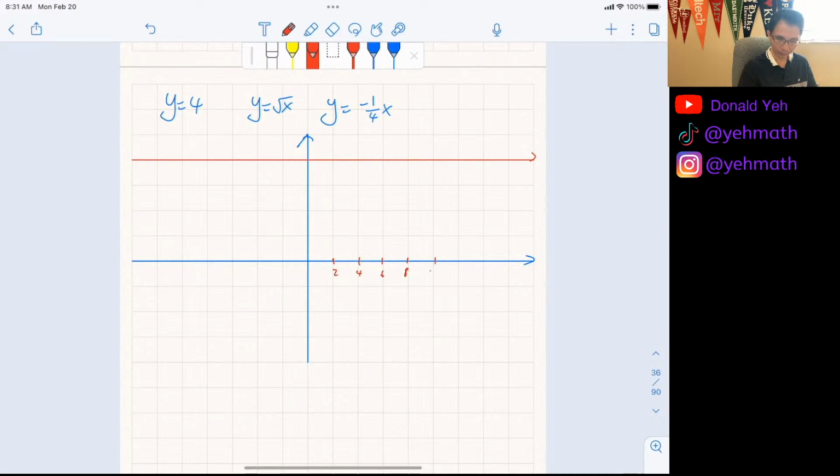But now I gotta find the area, right? Yeah, let's start calculating the area. What is it equal to? Is it y equals 4 equal to the square root of x, and then y equals 4 equal to negative 1/4 x?